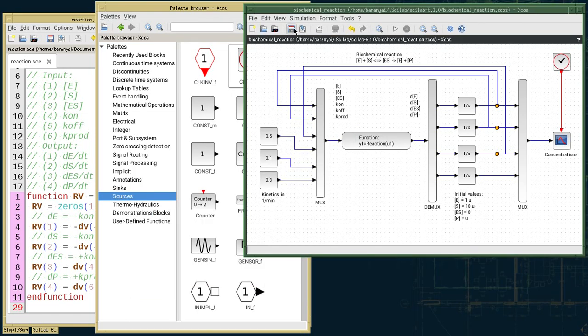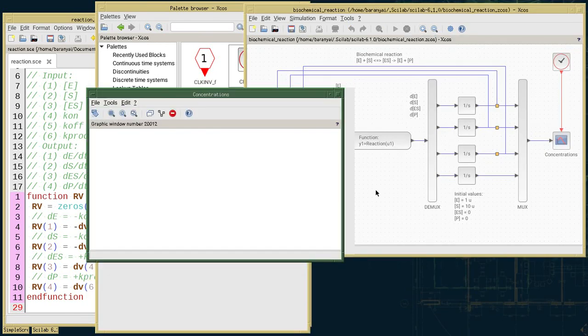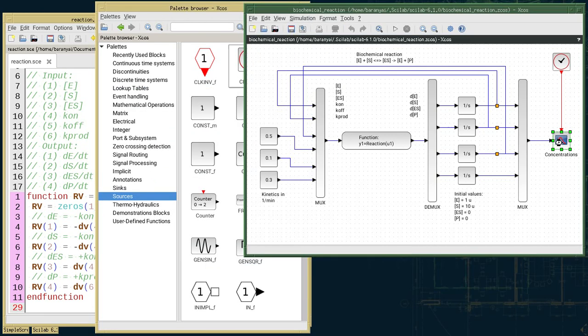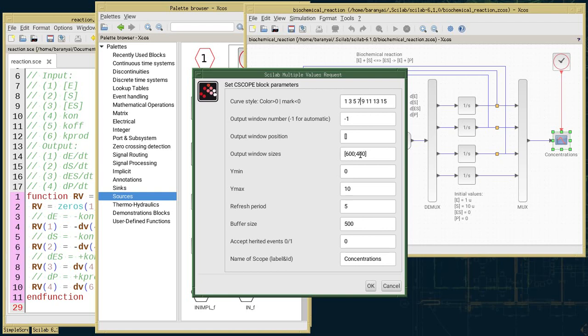Okay, I save it, and now I can run the simulation, how it looks like. I have the figure. Oh, this yellow is for the production. It is not so beautiful. Maybe I will change the color of that one, and maybe 6.